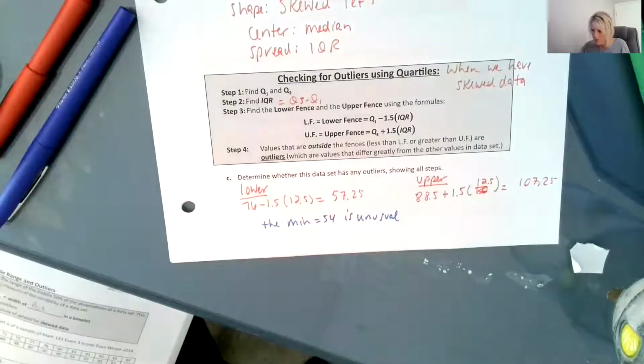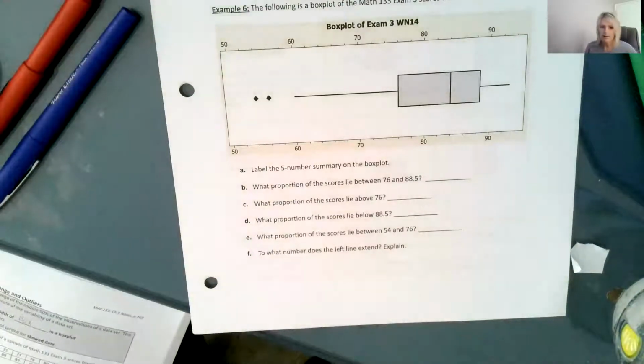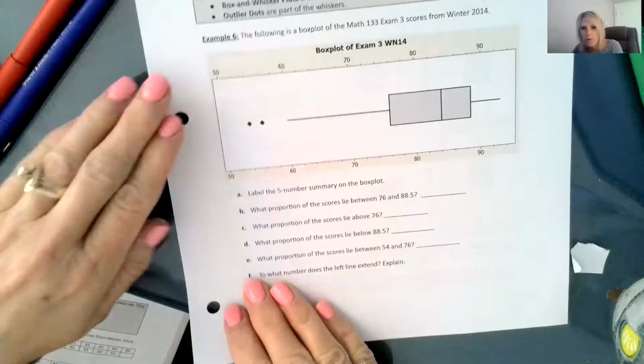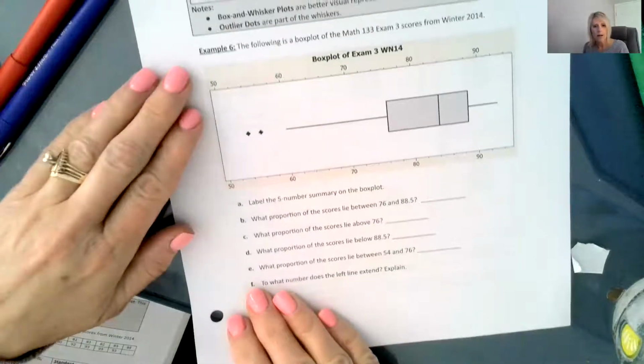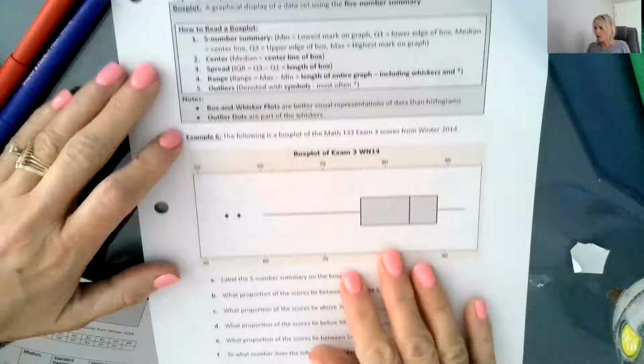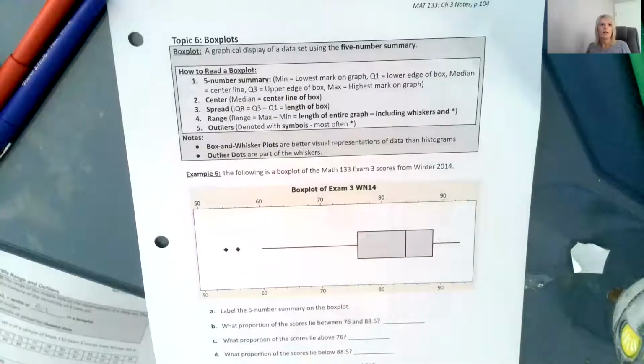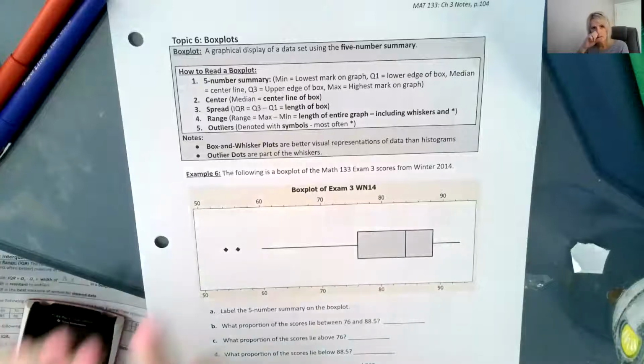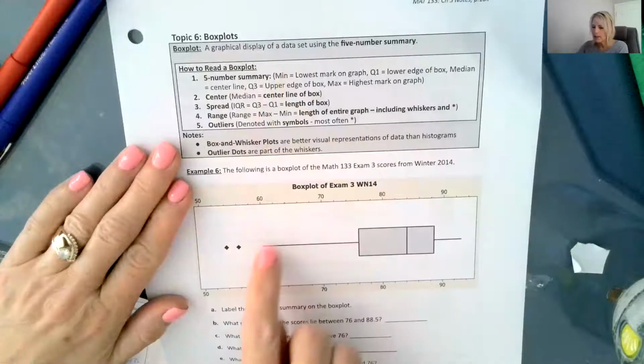Okay, so look at the page here. Page 104 says how to read a box plot, which we've already been introduced to. First, we have a 5-number summary. So we already marked those. Our center is the median.